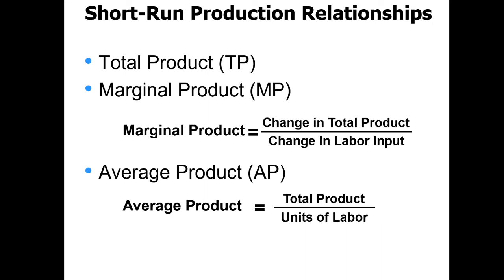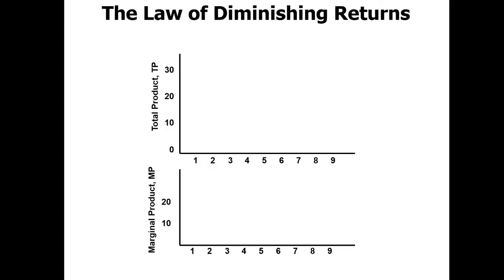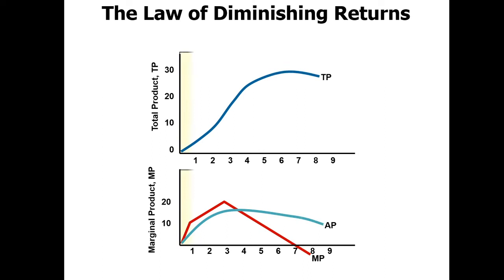Now we want to look at this and we want to graph it. What we're going to do first is on the top, we're going to have my total product. And we remember that there is the law of diminishing returns. As I hire more workers, each worker gets me more until space becomes too tight and the next worker starts to get me less.